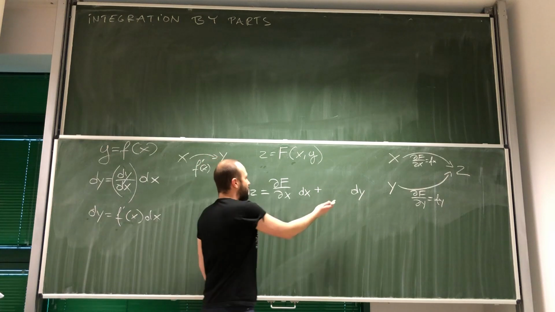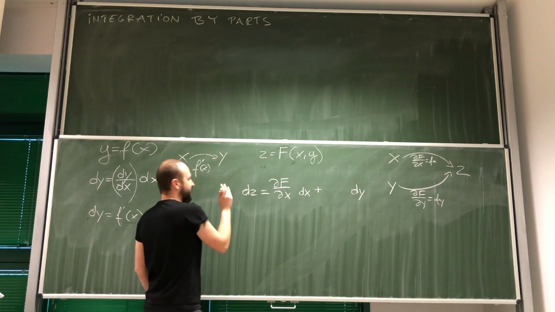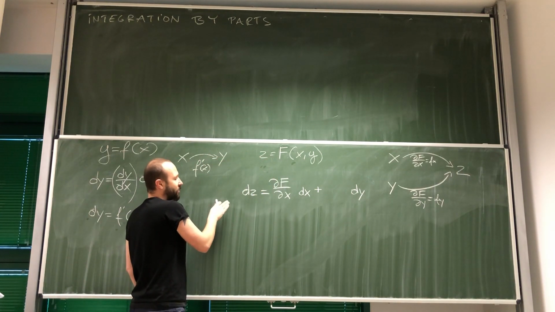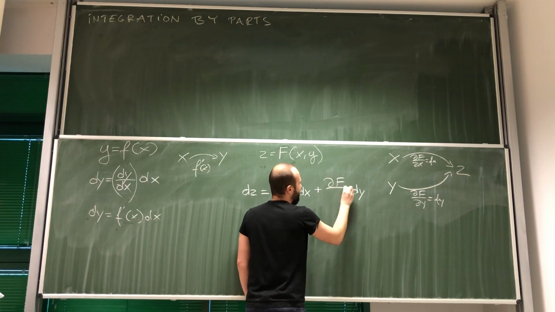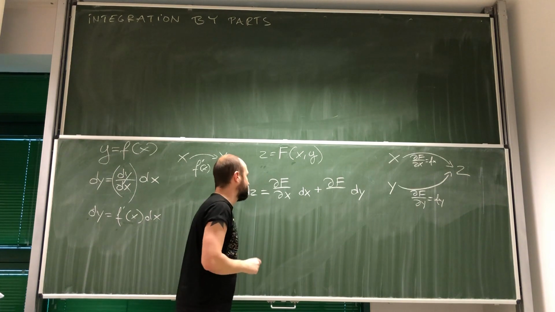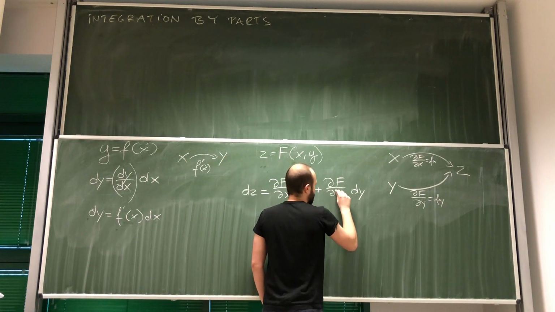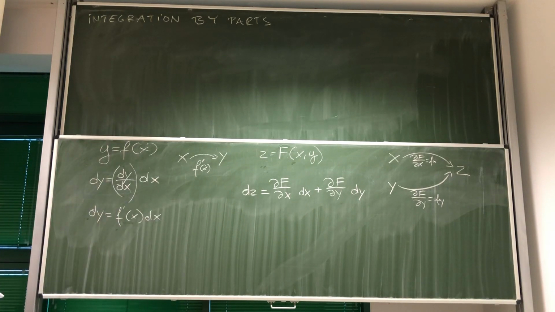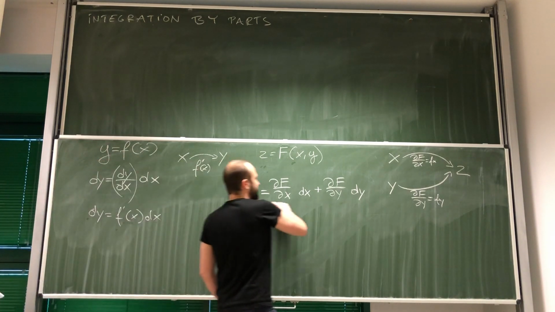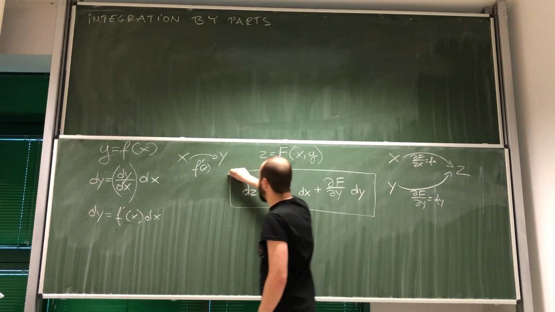So now what is the measure of the impact of y on z? Of course, partial derivative of f with respect to y. And look, this, what you see over here, is a total differential.